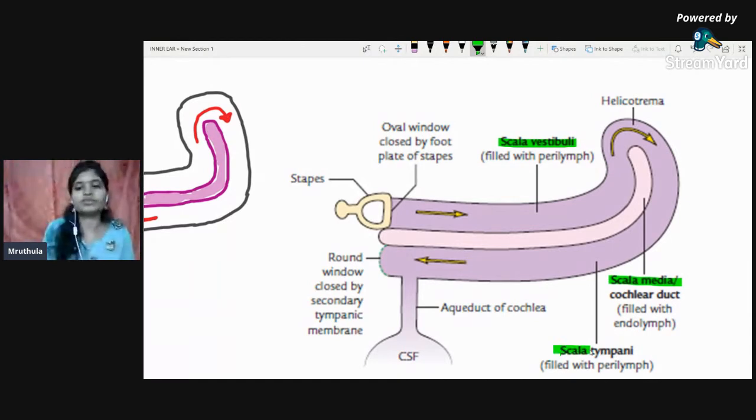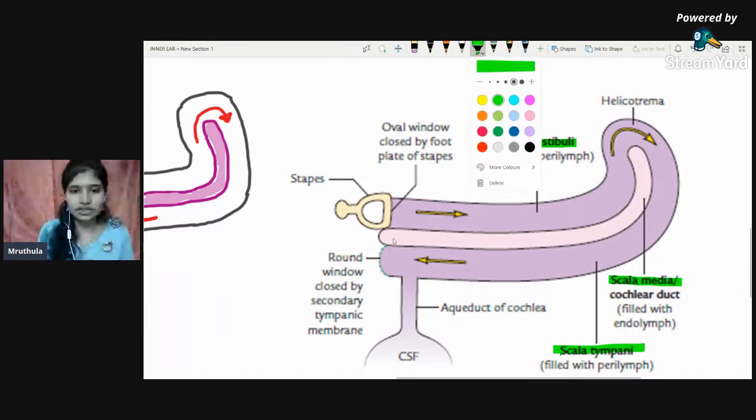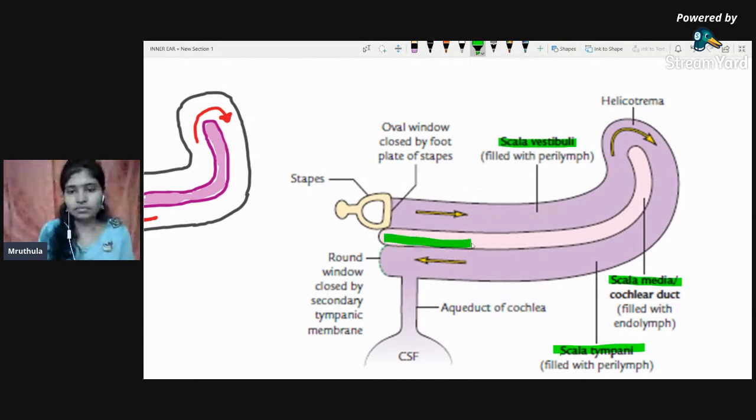Just know the names now. So which is the cochlear duct here? The cochlear duct is this region. Cochlear duct means the membranous labyrinth. The outer aspect, that is scala vestibuli and scala tympani, are the parts of the bony labyrinth.